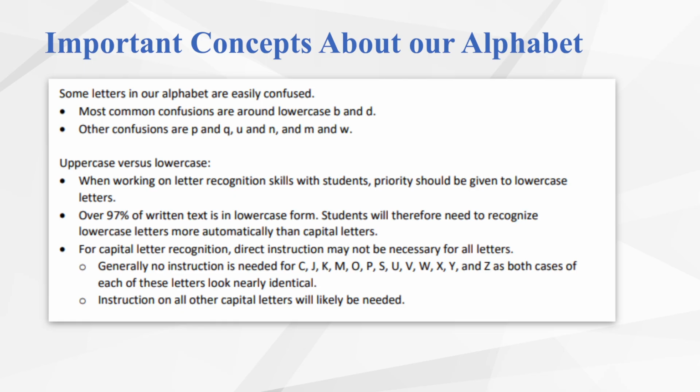Some students also confuse the letters P and Q, U and N, M and W. Another important point to be aware of is that when you're working on letter recognition skills, priority should be given to lowercase letters. Over 97% of all written text is in its lowercase form. Therefore, students need to be more automatic on recognizing lowercase letters than capital letters.